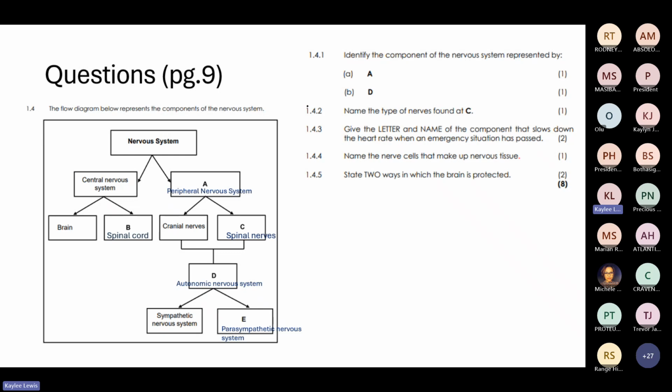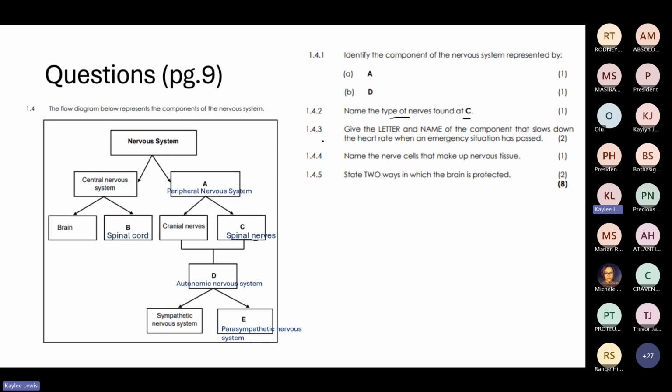Then 1.4.2 says name the type of nerves found at C, and that we filled in, it would be your spinal nerves. Why? Because your peripheral nervous system consists of your cranial and your spinal nerves. Do you see how easy it becomes answering questions if I just go and fill in the diagram quickly, just so I can orientate myself?